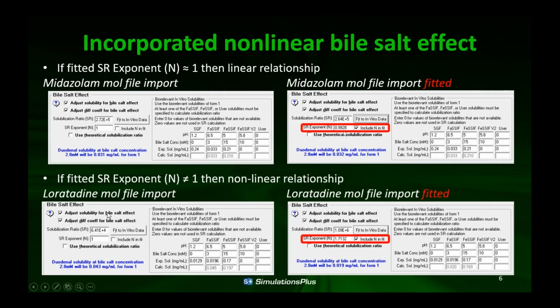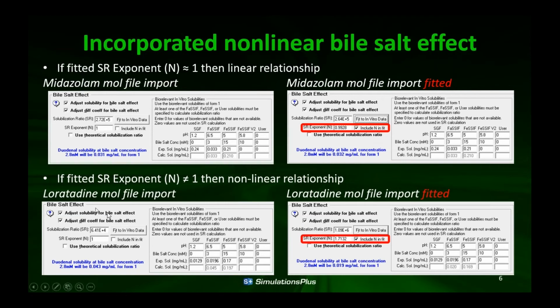We find this exponent term is very close to 1, and the solubilization ratio value is also very close between the linear model and the nonlinear model. The calculated solubility is also the same as the experimental solubility. Because this is a linear relationship, the extra parameter won't play a significant role.